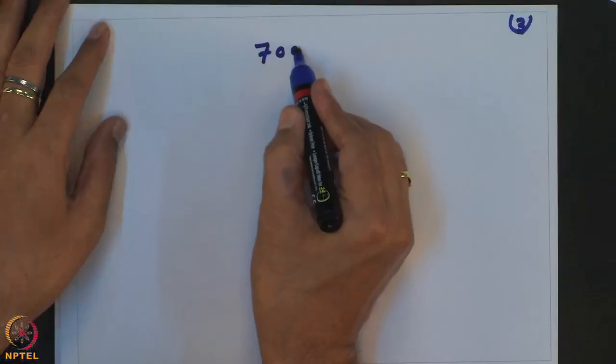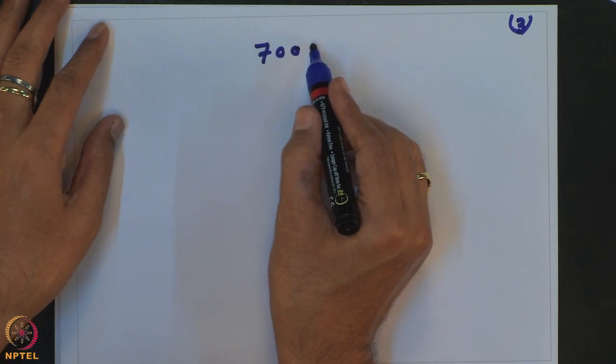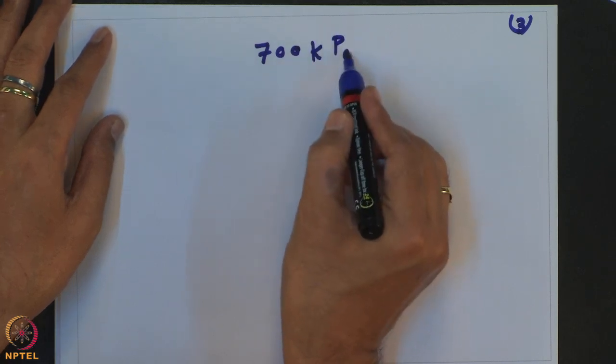So, let us give another example. That given track, that pressure is 700 kilopascal.